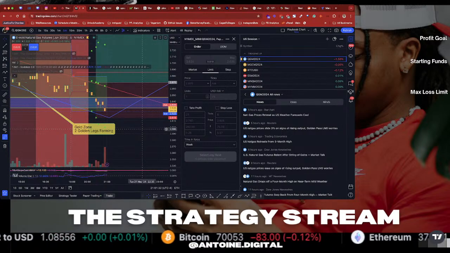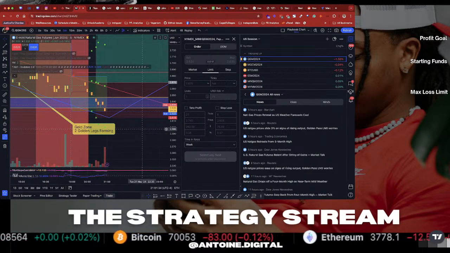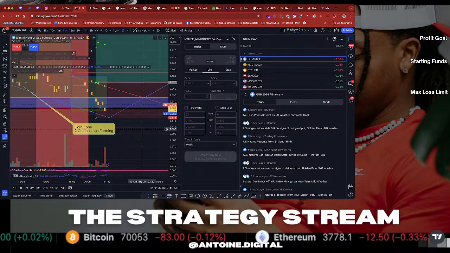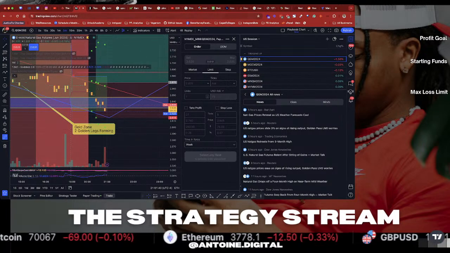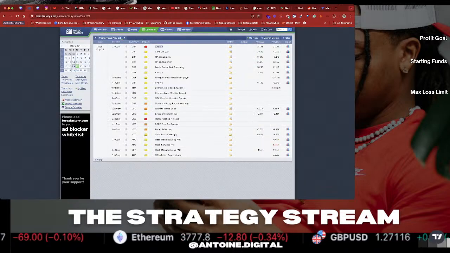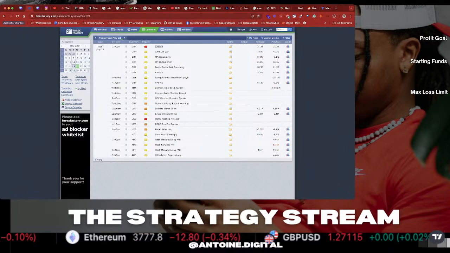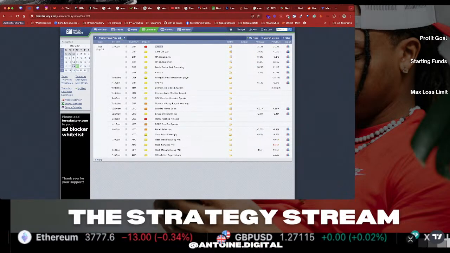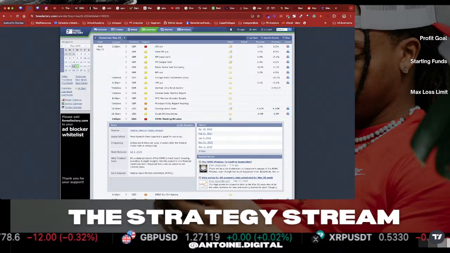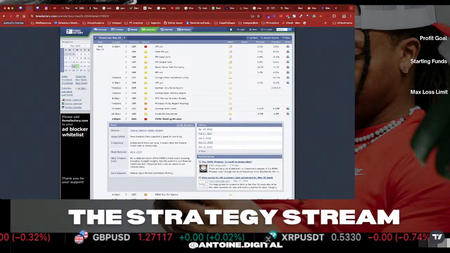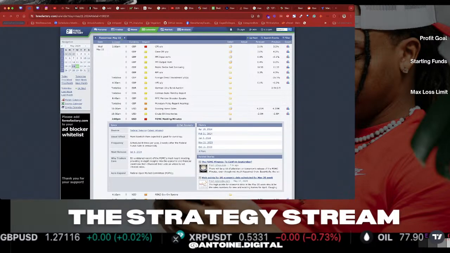Tomorrow's a flat day news-wise until 2 o'clock. And business inflation expectations at 9 a.m. This is going to be the big one here, 2 o'clock.